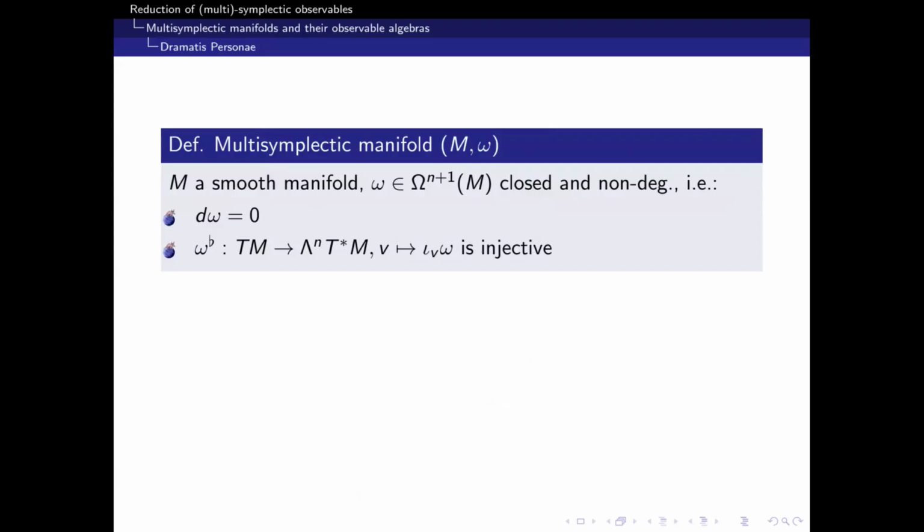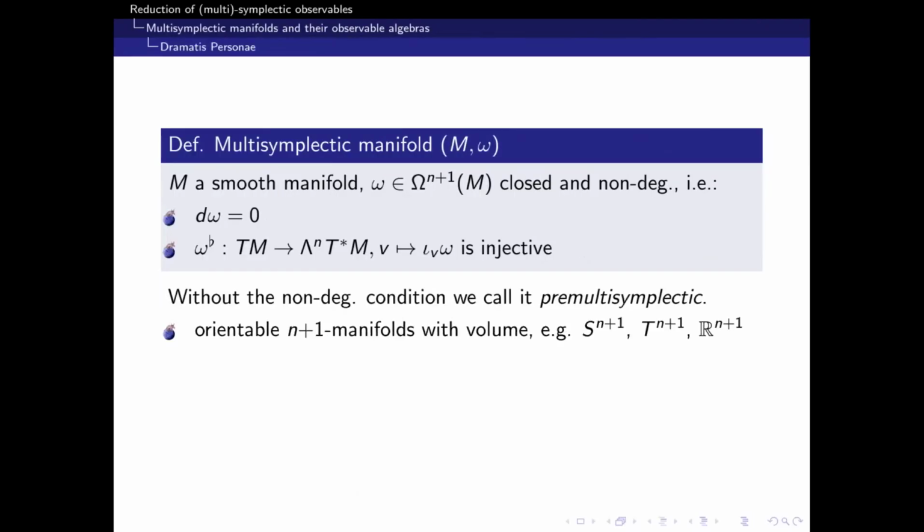So in most cases we'll look at, it will be injective but non-surjective. And also, because we're working algebraically, a lot of what we are doing does not need non-degeneracy. And even when non-degeneracy is there, the procedures don't preserve it. So we would be in sort of a pre-multisymplectic case.